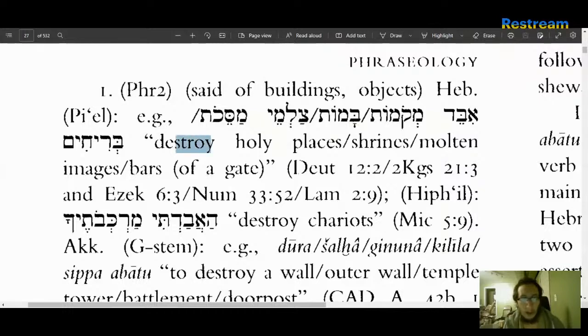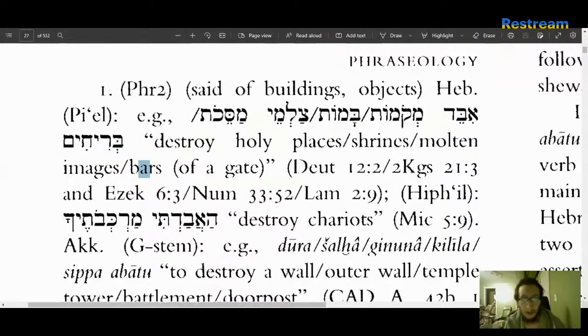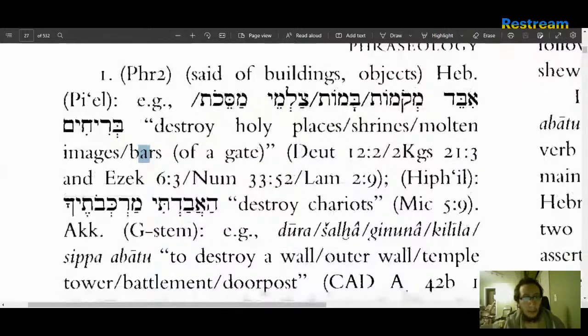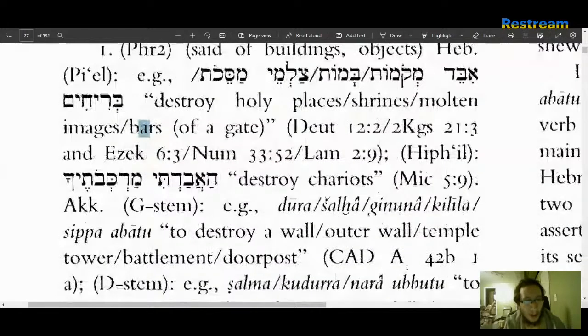So all those occur. And then bariyahim, that's bars. So destroying bars or all these different things. Destroying chariots. Okay, rakab is chariot.